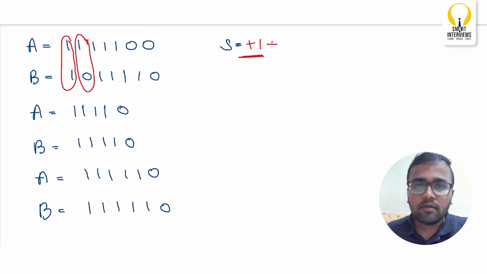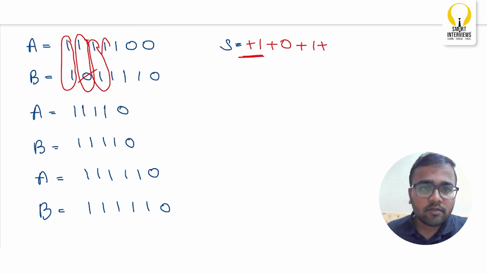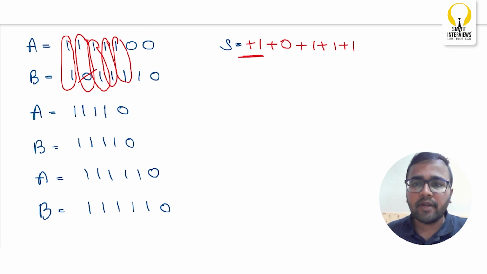So I picked 0. Next, again it is a 1 and 1. We'll simply pick it. Same, again 1 and 1, pick it. 1 and 1, we'll pick it. Now you have an option of either picking 0 or 1. Which one will you pick?